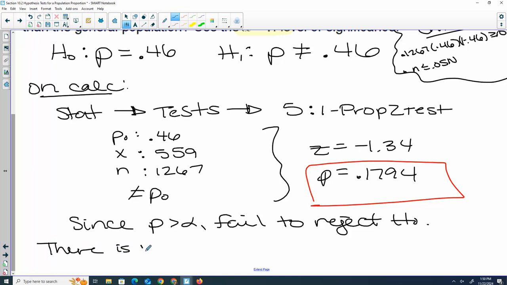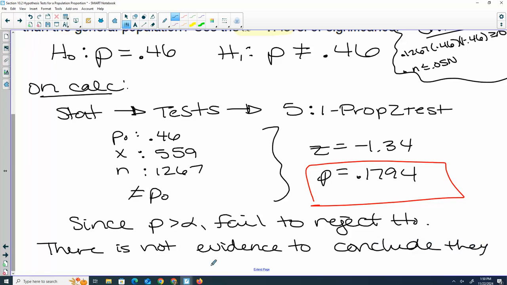There is not evidence to conclude they feel differently. Saying if the null hypothesis is true, there is almost an 18% chance that I had a sample with those values.